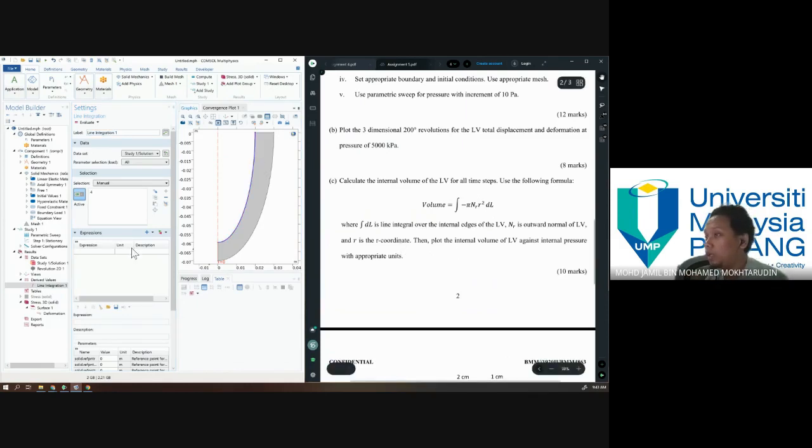And then to calculate volume, we need to write this equation in the expression. So just write negative nR. I think it should be nR, but later we'll see. Times R, or times R squared.